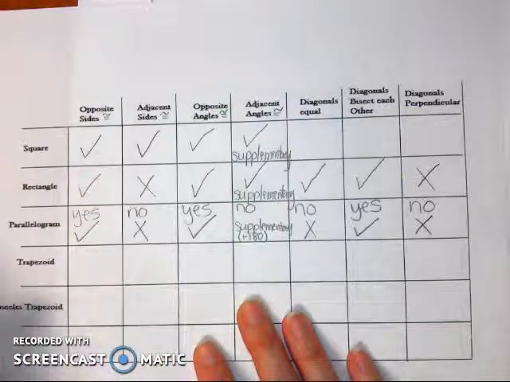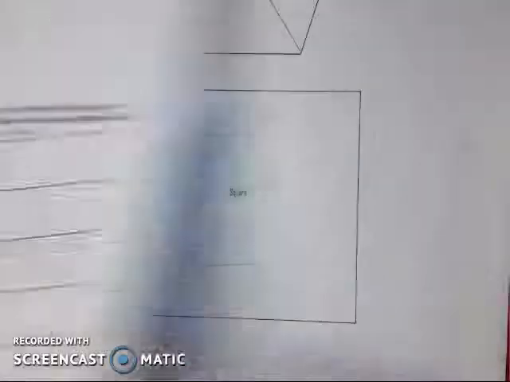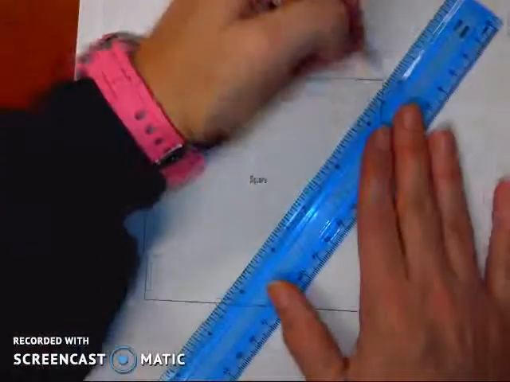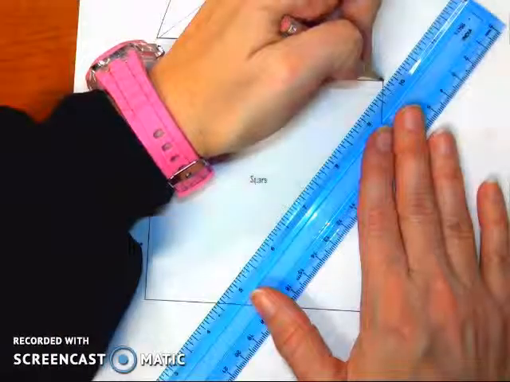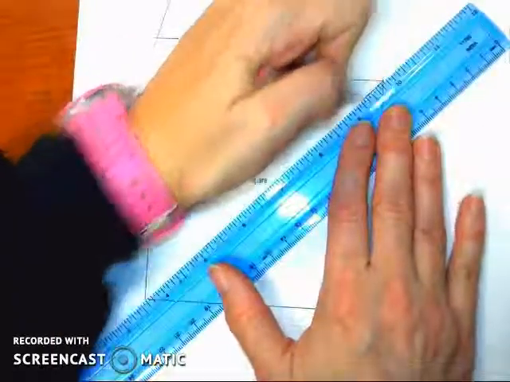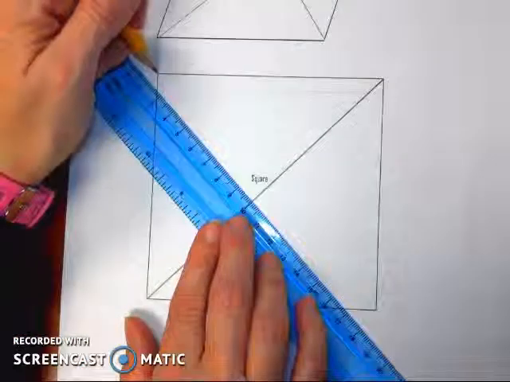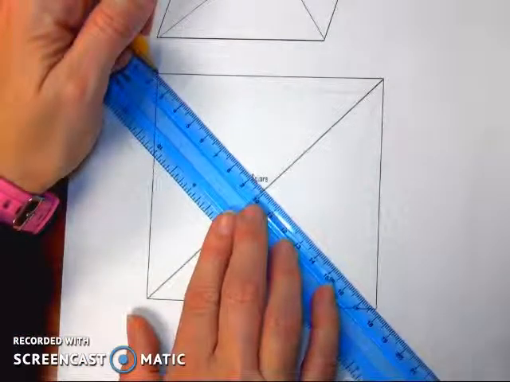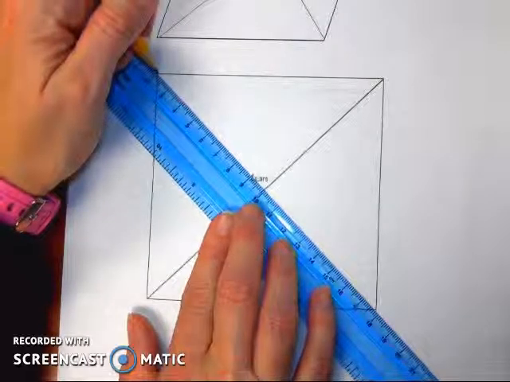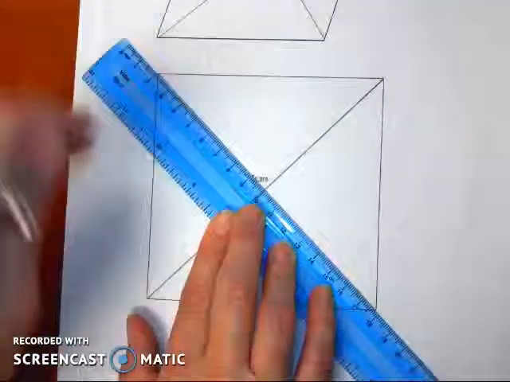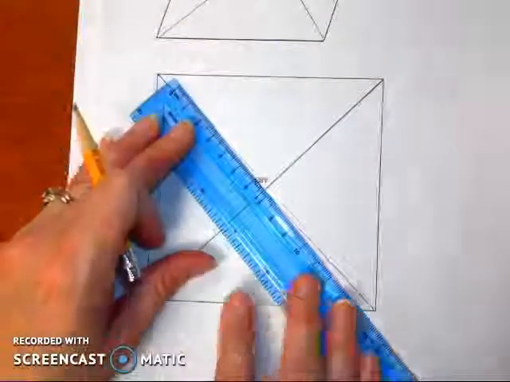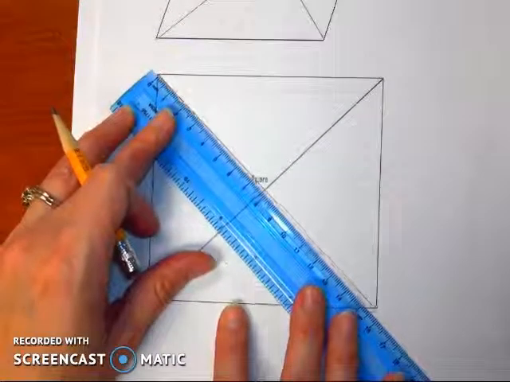Now I need to look at the diagonals. So I'm going to draw the diagonals of the square, and then I'm going to measure them because it asks if they're equal.